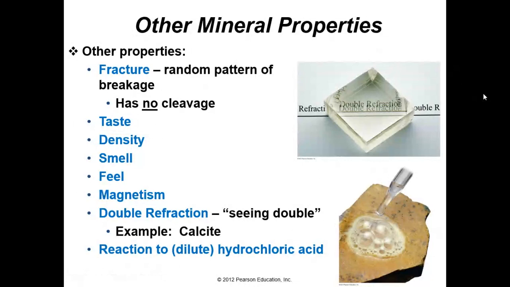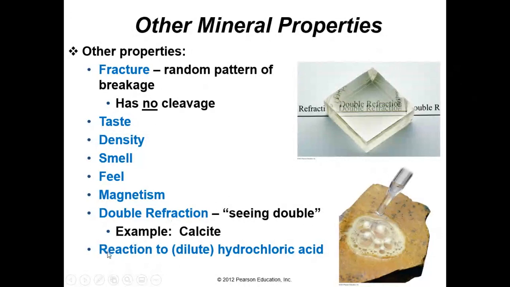So if you put a sheet of paper down with some words on it, you'll actually see two sets of the words. That's because of the refractive properties within that mineral. As you're looking through it, the refraction breaks up that word into two separate viewings. It makes it so that you're seeing that word twice.